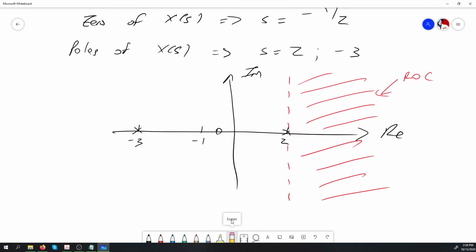Let's clear the whiteboard and figure out how we're going to start doing this convolution.